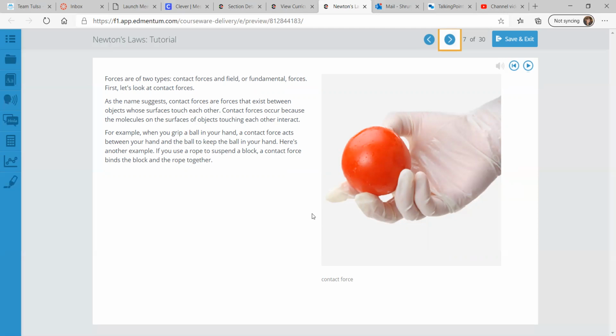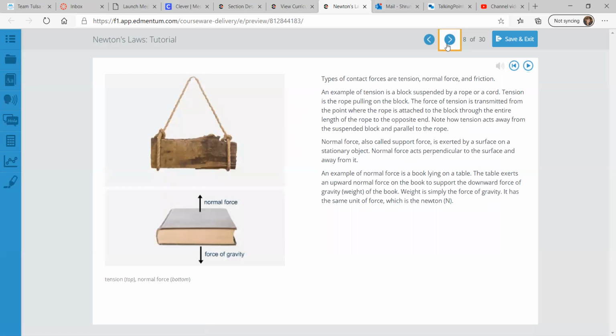Here's another example. If you use a rope to suspend a block, a contact force binds the block and the rope together. Types of contact forces are tension, normal force, and friction.